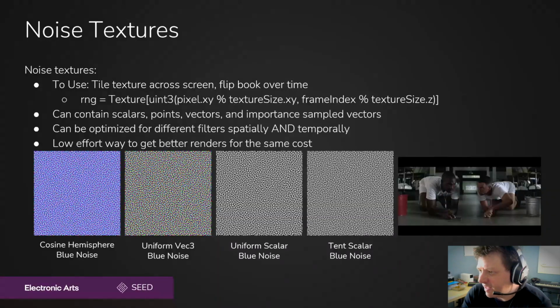Noise textures can contain scalars, points, vectors, even importance sampled vectors or rejection sampled vectors, or any combination of those things. You can optimize noise textures for different filters spatially and temporally. Essentially, noise textures are a low effort way to get better renders for the same cost. You use the same algorithm, you just change your source of random numbers.